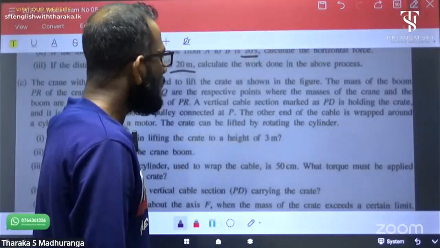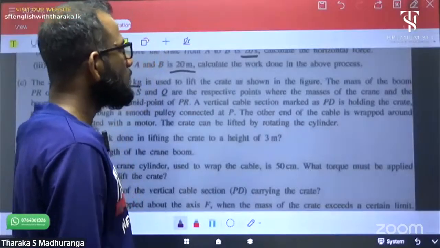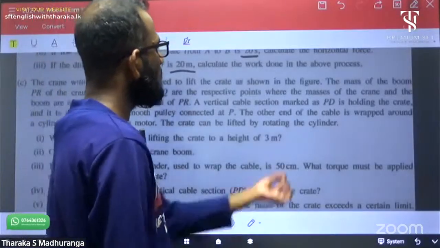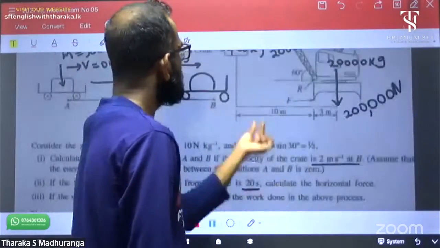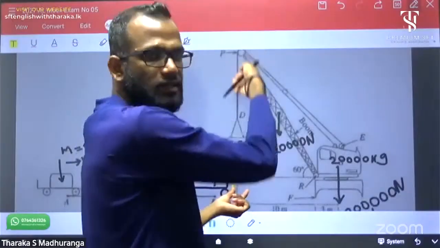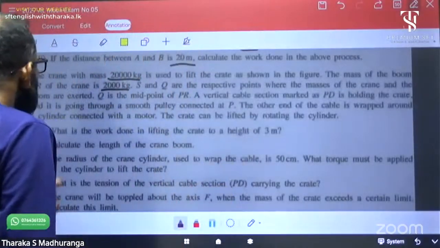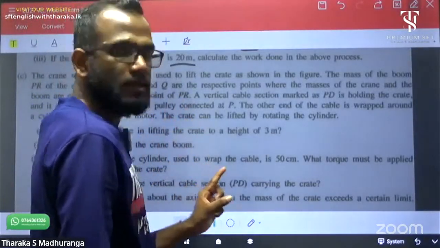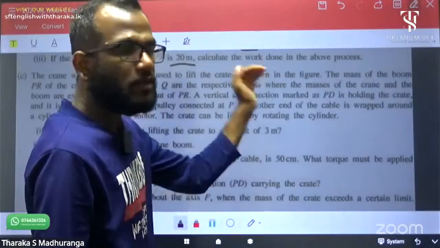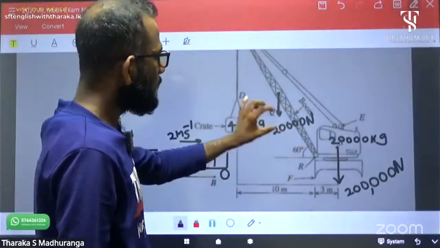A vertical cable section marked PD is holding the crate. Yeah, this is PD. It's a cable, right? And it is going through a smooth pulley connected at P. Where is P?